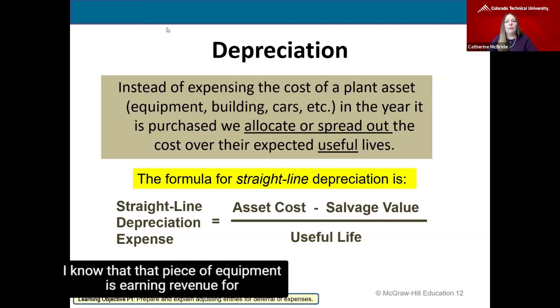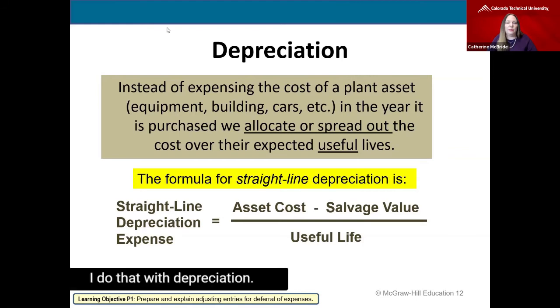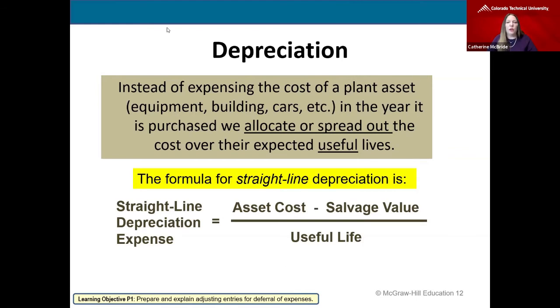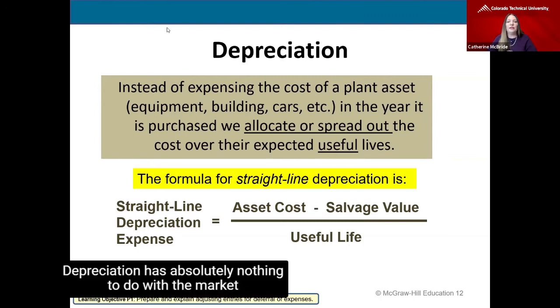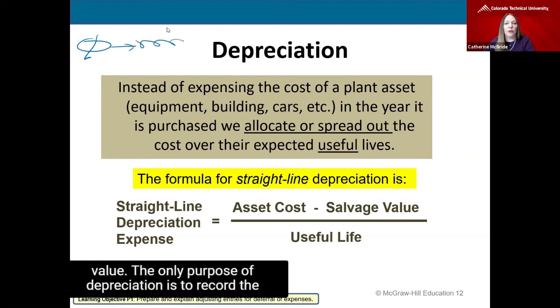And I know that that piece of equipment is earning revenue for me. So I have to match the expense with that revenue that it earns every month. I do that with depreciation. Depreciation has absolutely nothing to do with the market value.